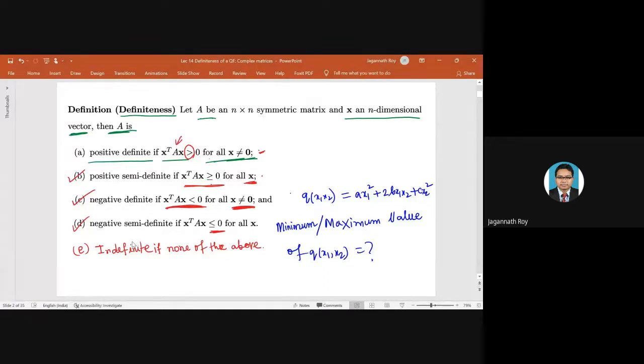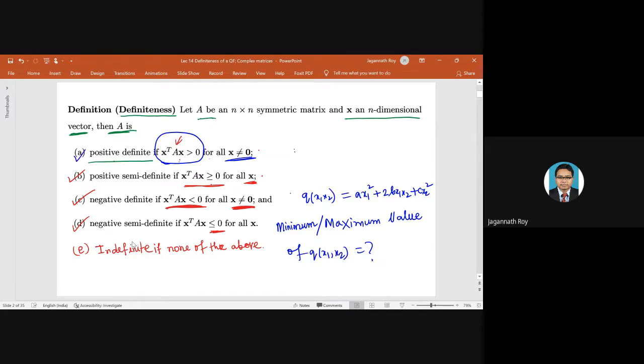Now it is very difficult to verify for all the non-zero vectors, because how many non-zero vectors can be found? There are an infinite number of choices. But is it possible to verify this relation for all the non-zero vectors? Only then can we tell that this is a positive definite matrix.